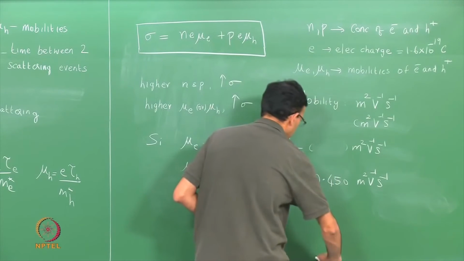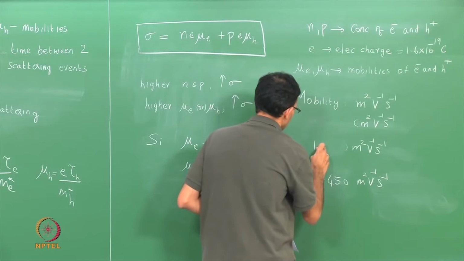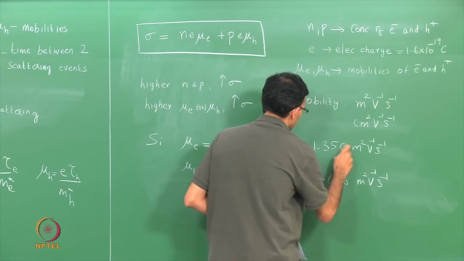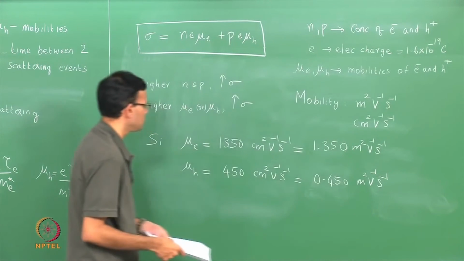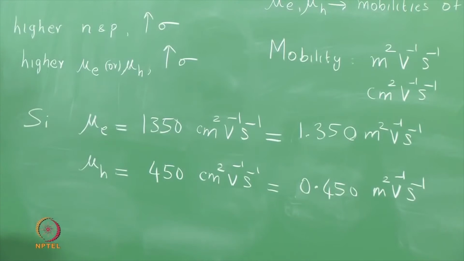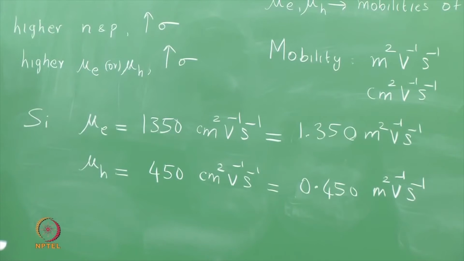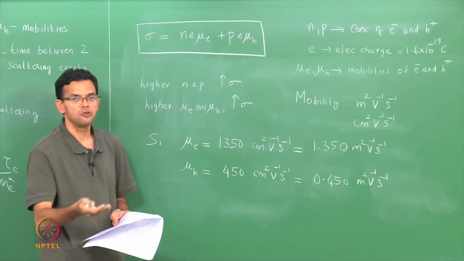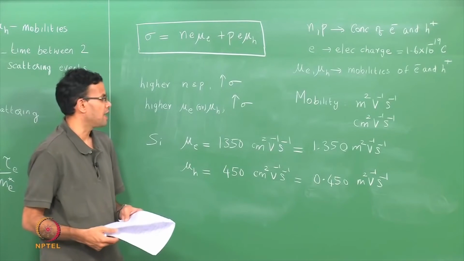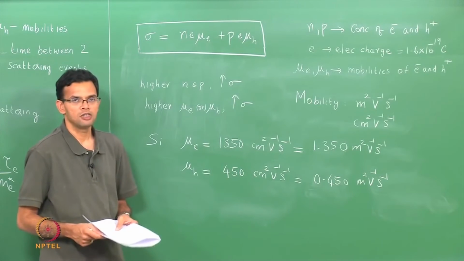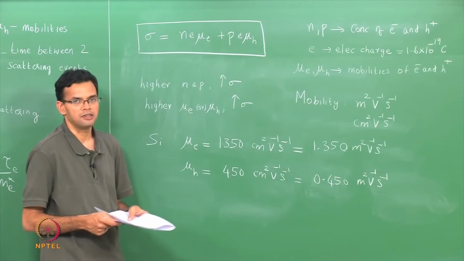Just rewrite that. So, these are the values of mobility in the case of silicon for both electrons and holes. We define mobility as the ability of the electron to move through the material before being scattered. We also saw that the mobility depends upon the scattering time.